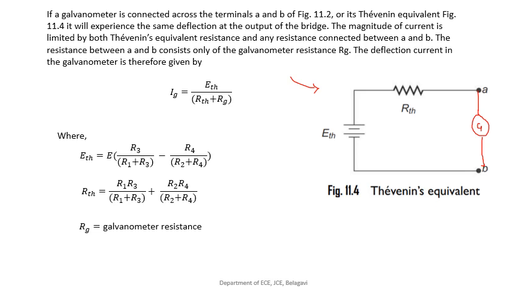Let us say the current through the galvanometer is Ig. It will be given by ETH divided by RTH plus RG, where RG is the galvanometer resistance. So you add these two resistances, and ETH divided by that resistance value will give you the Ig value.